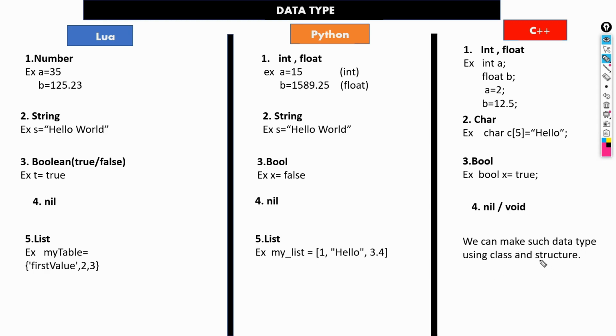But you can do all those things using a structure or class. If you have studied C++, you can understand what I mean. In Lua this is similar to Python.